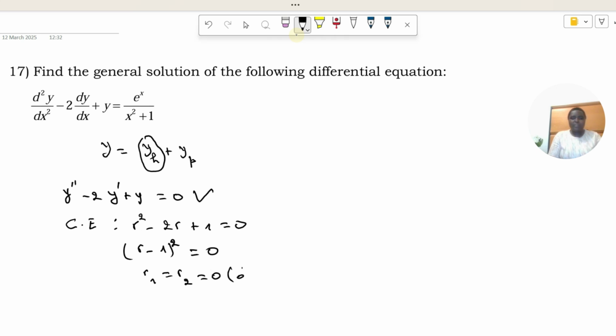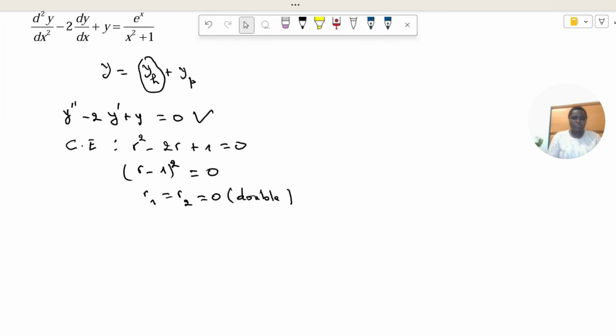Here we have a double solution, a double root. Since we have a double root, in this case our homogeneous solution will be of the form yh equals (a plus b x) times e power r1 x, and r1 is equal to r2 and is equal to 1.